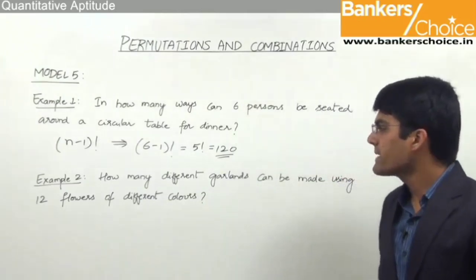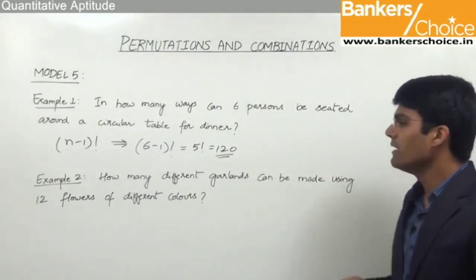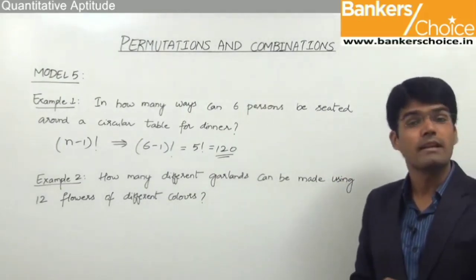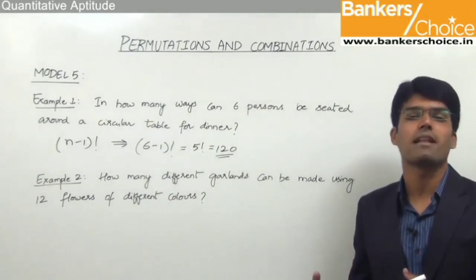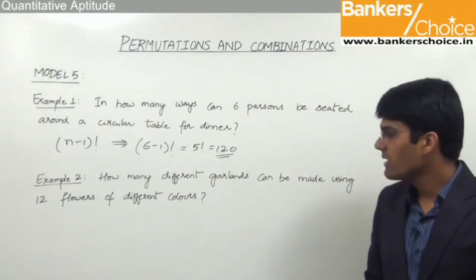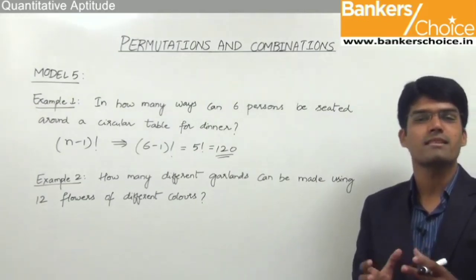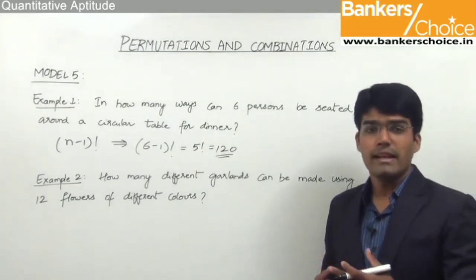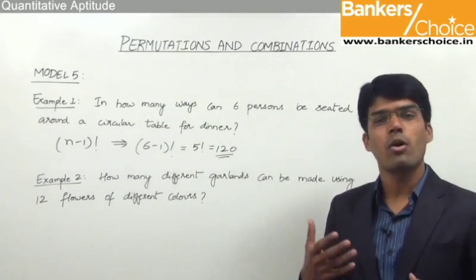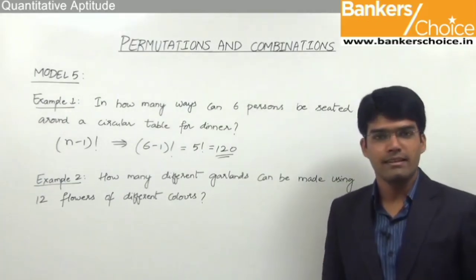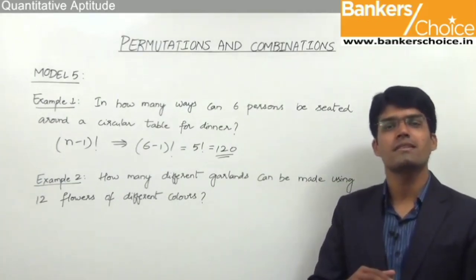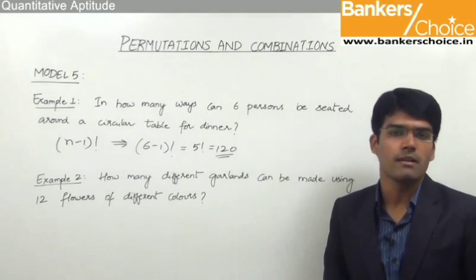The second example here is, how many different garlands can be made using 12 flowers of different colors? So we have 12 different flowers based on their colors, and we need to make different garlands using these flowers. So how many such garlands can be made? Now very clearly we have learned that whenever we make a garland or a necklace or a bracelet, the clockwise arrangement is considered to be the same as a similar anti-clockwise arrangement.